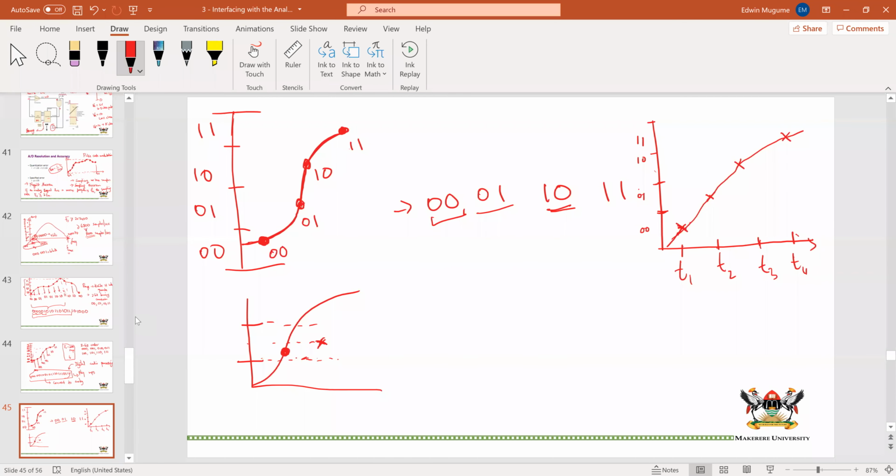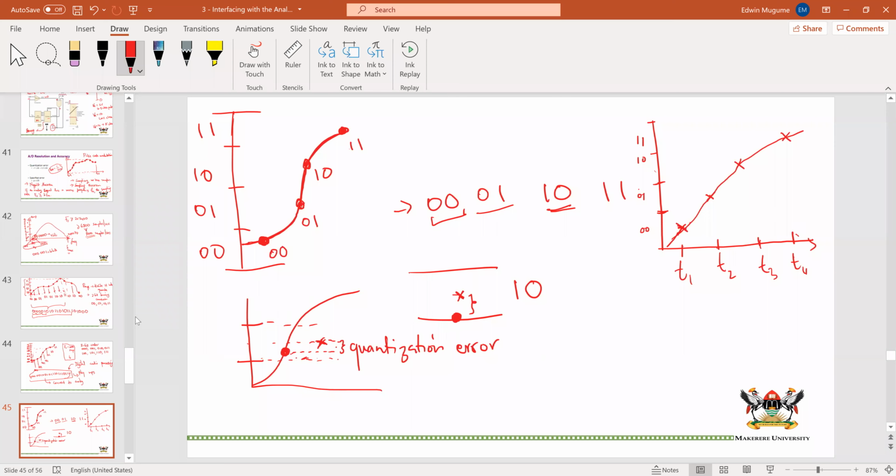The difference between this level and this level is what we call the quantization error. Although I have a range that is, for instance, 1, 0, if my sample was actually at this point but falling within range, when I'm decoding, I'm going to force it to that point. And this difference is what we call quantization error.